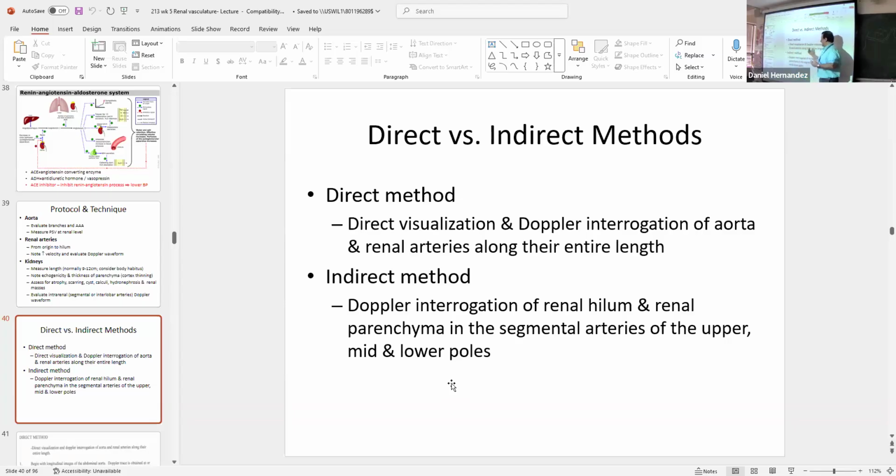When we don't see the entire renal artery, we go out to the kidney and Doppler in the kidney. If you see tardus parvus waveforms, we can infer that there's a significant stenotic lesion proximally, and they have to go get a CT or some additional imaging, an MR if they can't do contrast. So that's an indirect method to make that diagnosis.